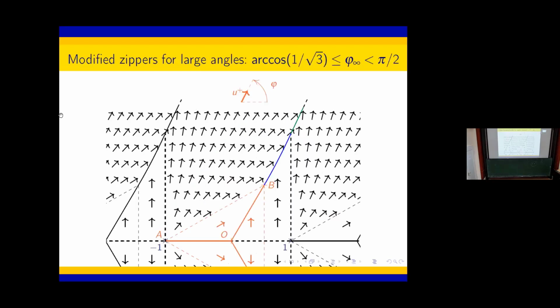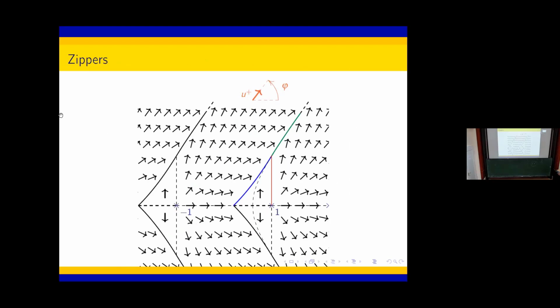But in fact, these zippers are not optimal. We found a way to improve them by noticing that in the construction you have angles which are more than pi/6. It's not a good idea because we only know that angles smaller than pi/6 are 1D optimal.